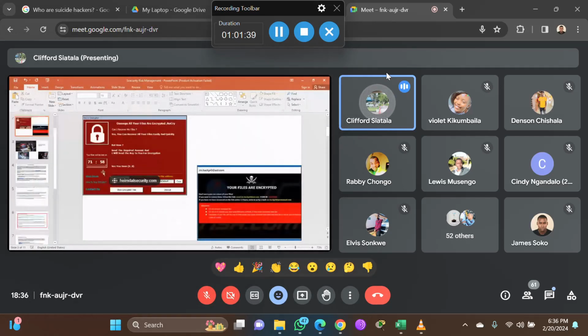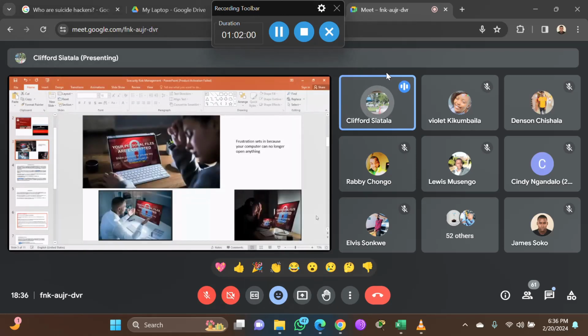And at the end of this, they can end their hacking with a fire by simply encrypting your files, and then off they go. Then you remain and know that, oh, we are hacked. Sometimes they will display a banner, you have been hacked by a group called the Islamic world.